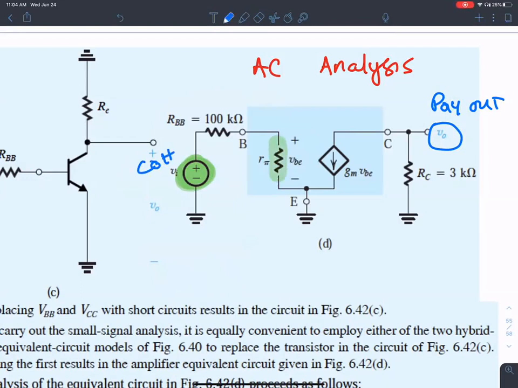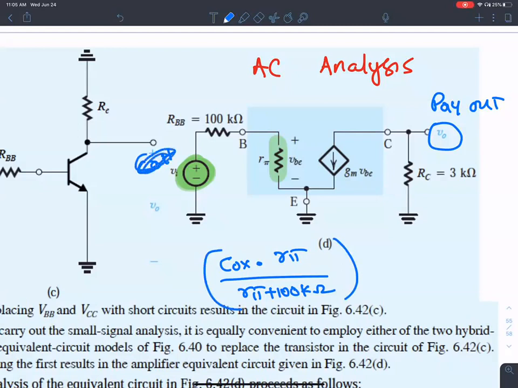You can calculate that by cash on hand times the voltage division R pi over R pi plus 100 kilo ohms, which gives you the fraction of your cash that will appear as your investment. So when you look at VBE, that's your actual investment. It's only a portion of it that shows up here.